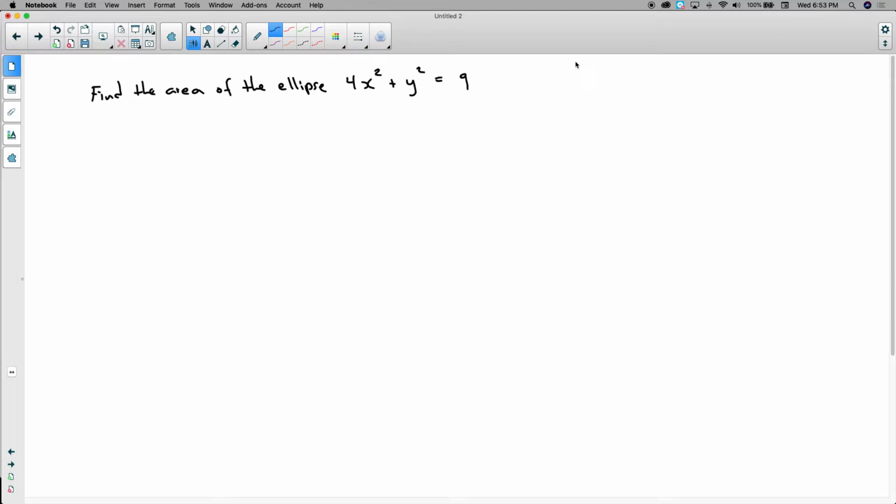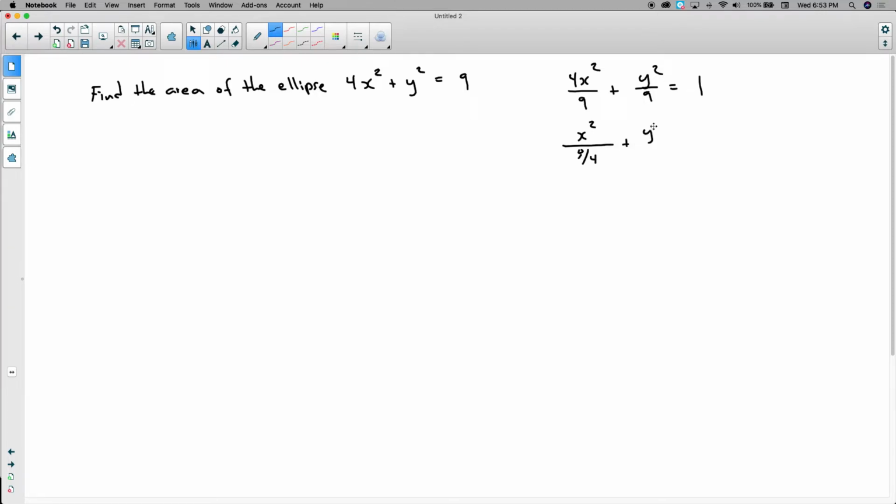In order to find out the dimensions of the major axis and the minor axis, you need to make the formula equal 1. So divide everything by 9. And furthermore, you can't have this 4 up on top. So one way to deal with that is to take this fraction and divide the numerator by 4 and divide the denominator by 4.